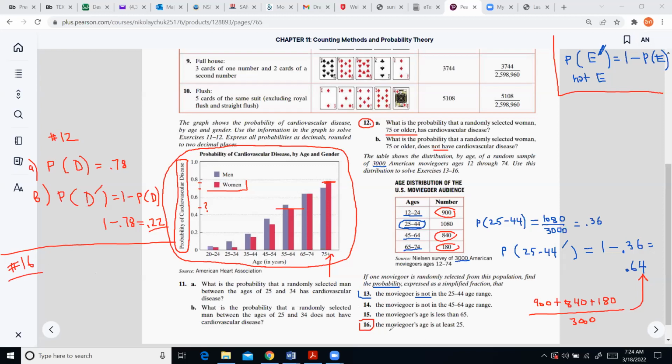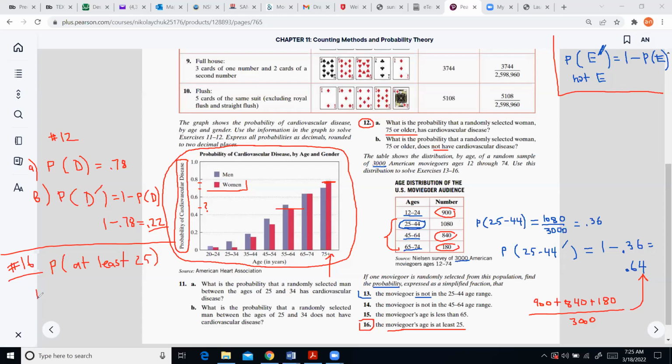So it says a movie goer is at least 25. What do they talk about? Well, looks like they're talking about 3 categories at the same time. So it's the probability of at least, which will compose 3 groups.